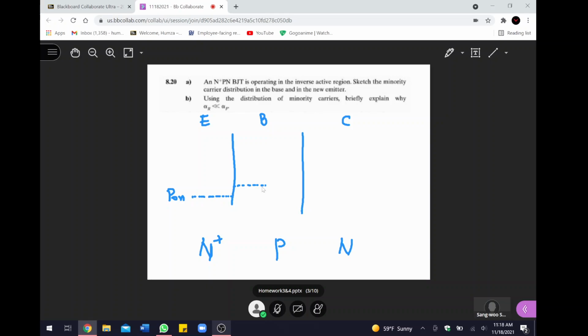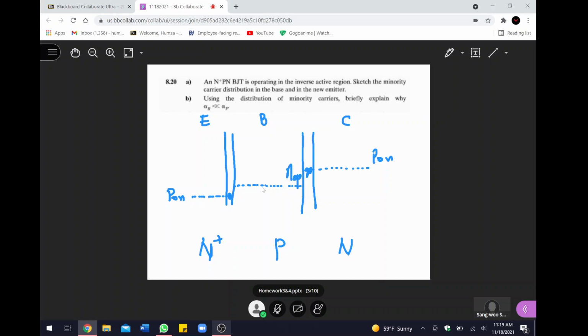If we draw that at thermal equilibrium, that represents n_o,p. The same way for the collector, this one is p_o,n in the collector side. That's the minority carrier distribution. Of course, I forgot to get rid of the depletion region, so this is only in the neutral region. This is at thermal equilibrium.